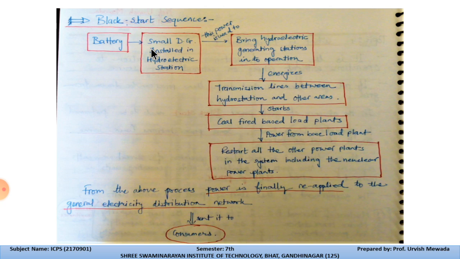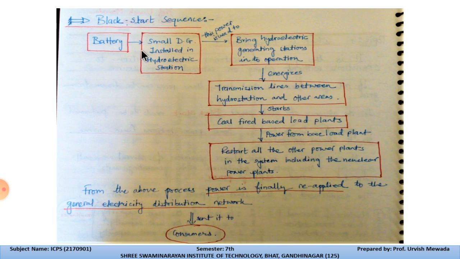Means as field current is given, and if we rotate that generating station with the help of water, then that generating station will start developing the power. That energy will transfer through the transmission lines between the hydro station and other areas, and that will start the coal fire based load plants.